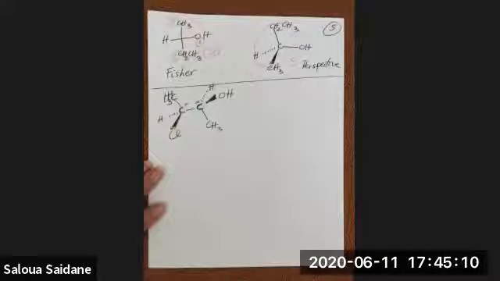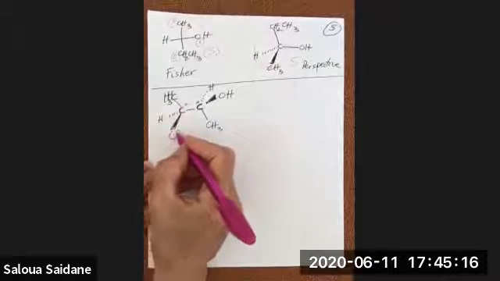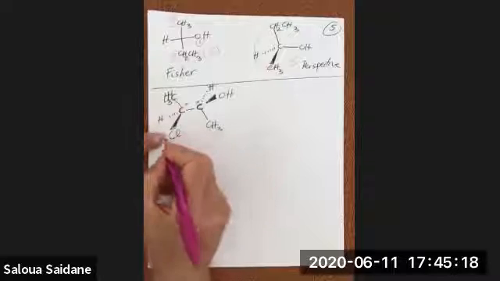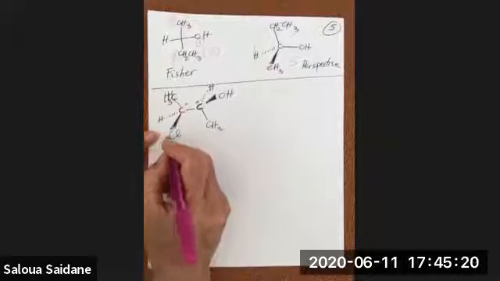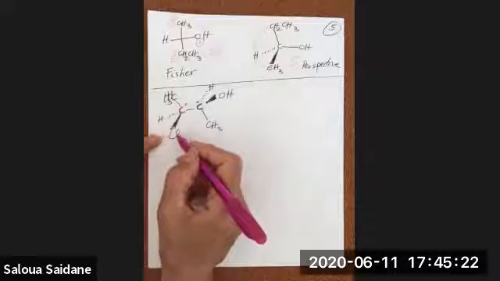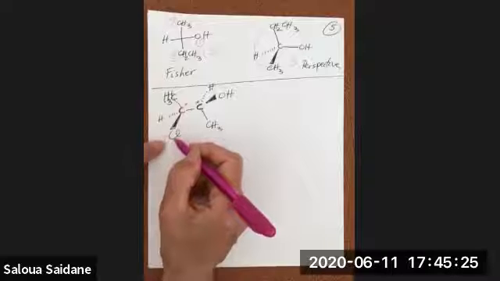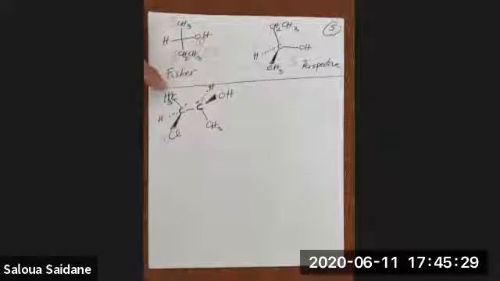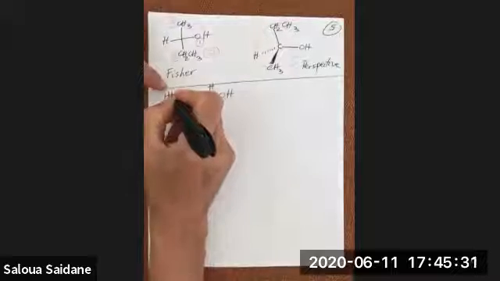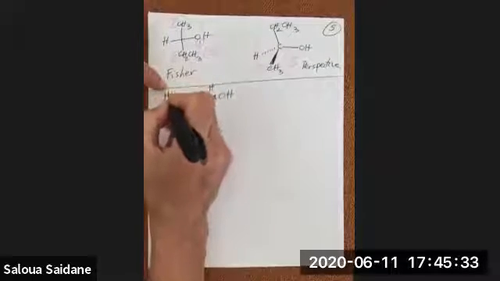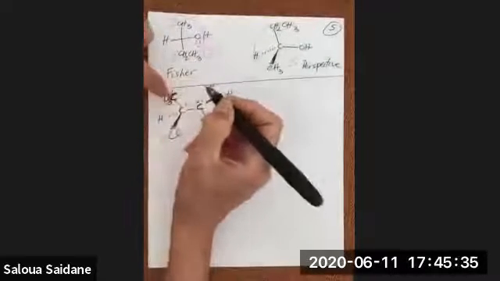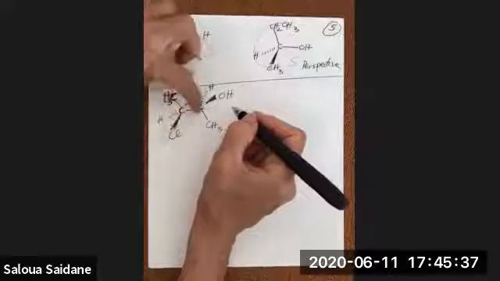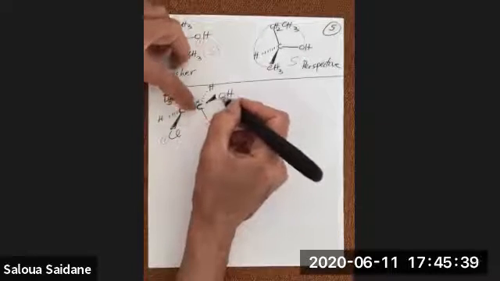So how are we going to name them? Or are these an R and S? So we focus on one at a time. This is my substituent number 1. Priority, chlorine is the heaviest one. Then it's either this carbon, so this is a CH3. Sorry about how it's written, so it should be CH3. So it's carbon bonded to 3 hydrogens, whereas here it's carbon bonded to oxygen and carbon.